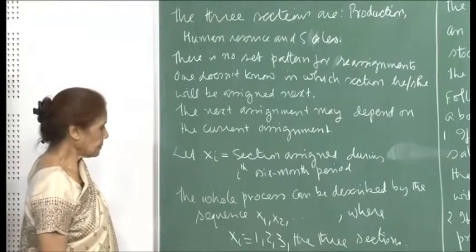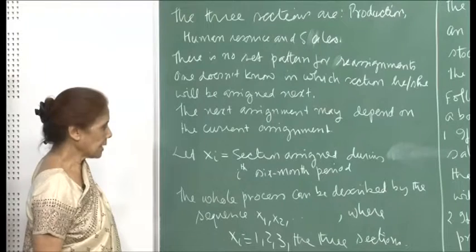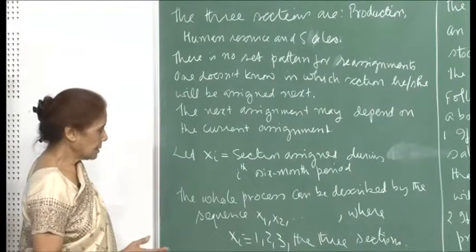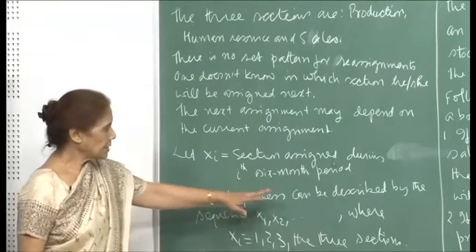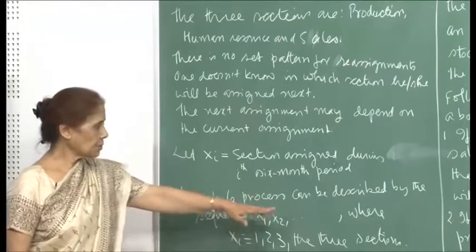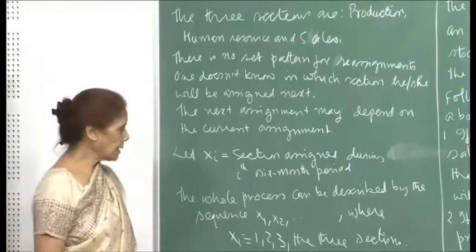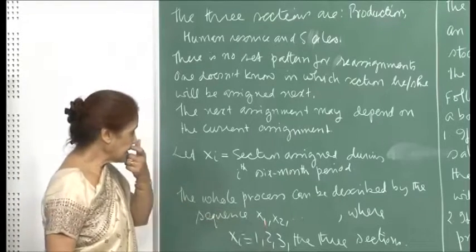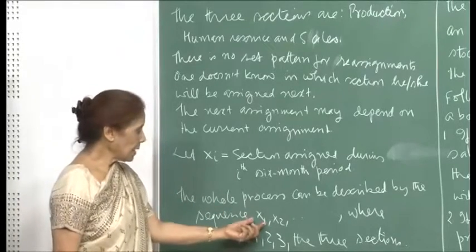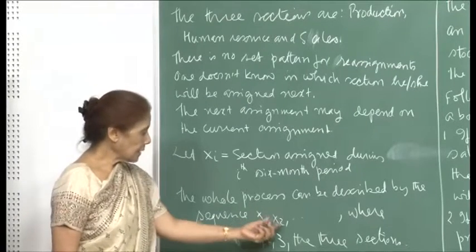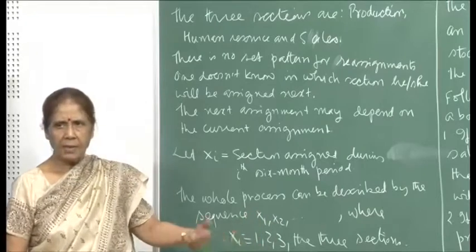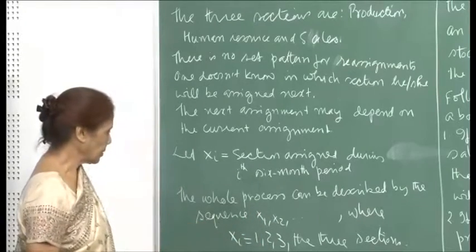Okay. And then the whole process of the sections being assigned to a particular employee can be described by the sequence x1, x2, and so on. So, x1 will tell you that in the first 6 months the particular employee is in this section, whatever the value of x1, then x2 will tell you the section he is in the second 6-month period, and so on, right.